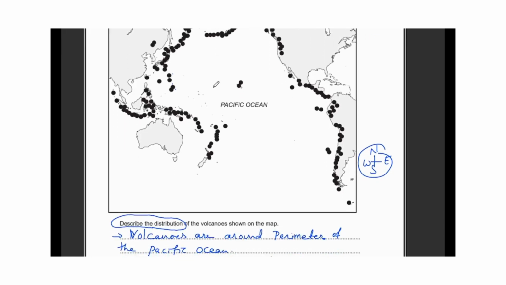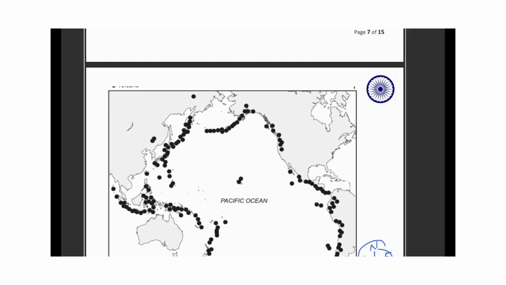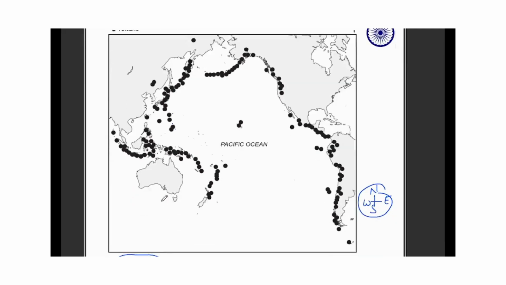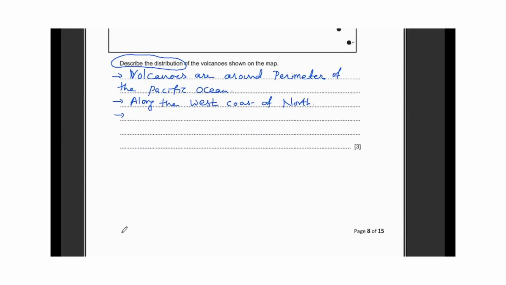Next one, coastal area. Do we have anything? These are the coastal areas, right? So coastal area, also we have to mention 3 points. Okay, they are also present near the coastal area.